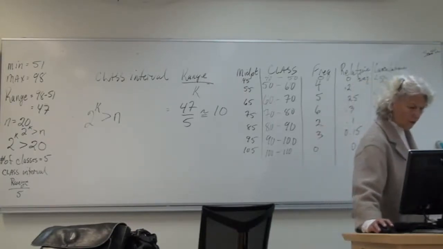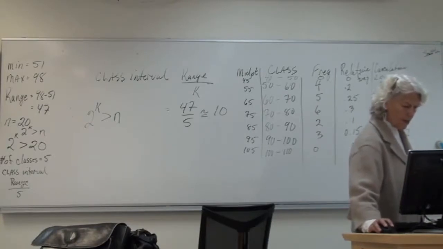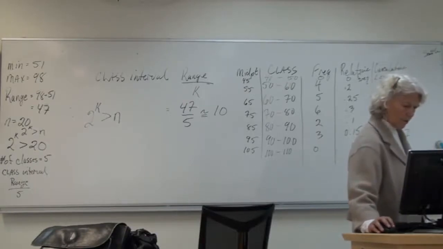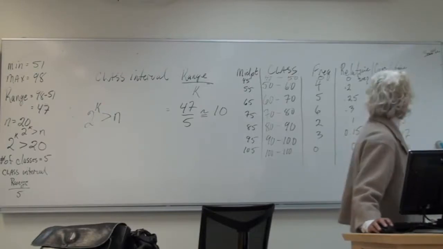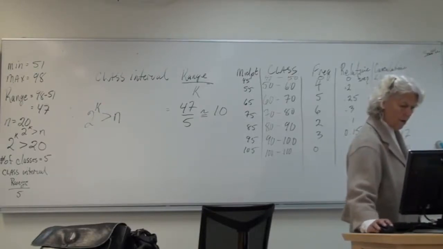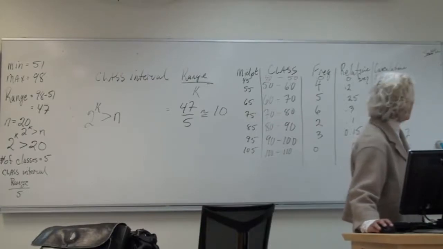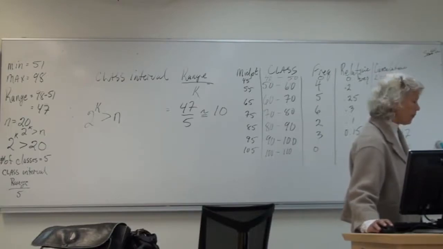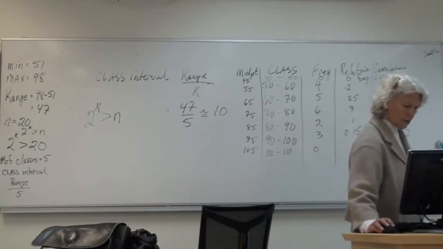So I need to put 50, 60, 70, 80, 90, 100. And in list 6, I'm going to put 0, 4, 9, 15, 17, and 20.